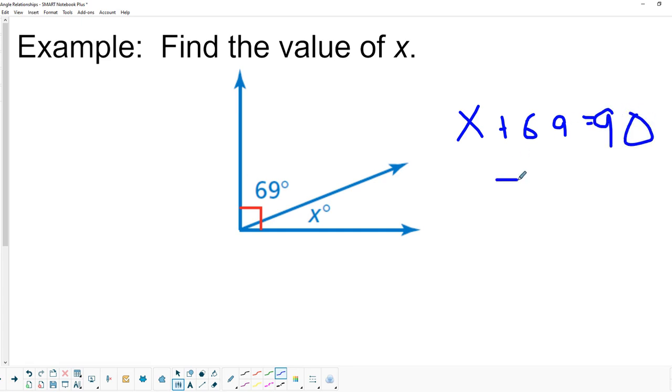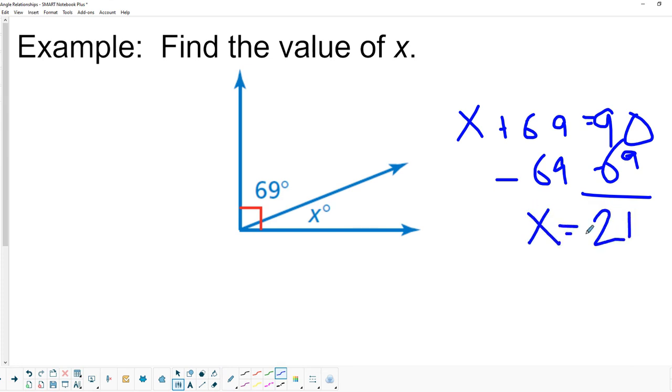And then you just have to subtract 69 from both sides. And 90 minus 69 comes out to be 21 degrees. So x equals 21 degrees.